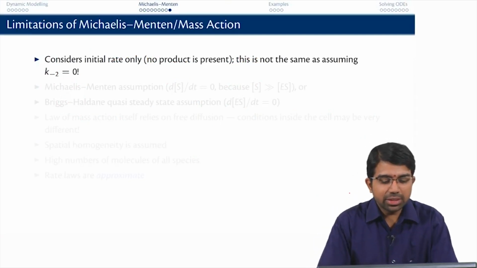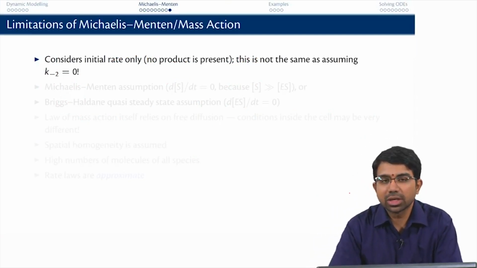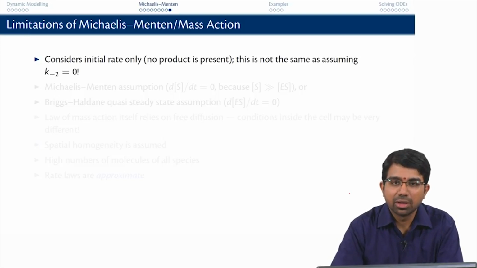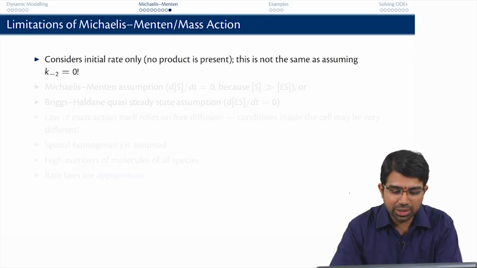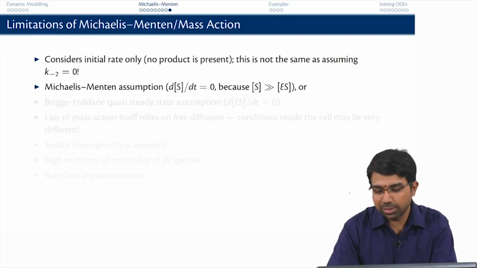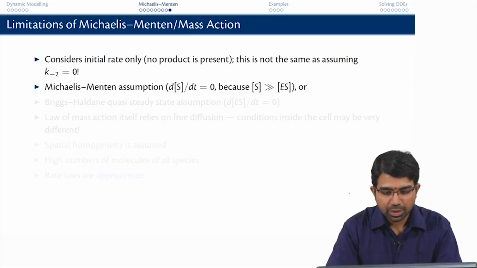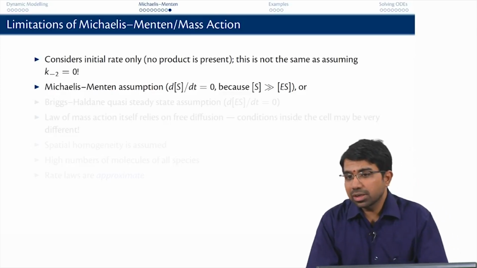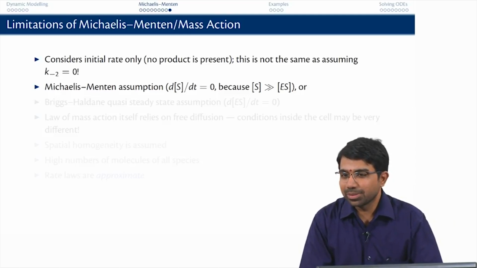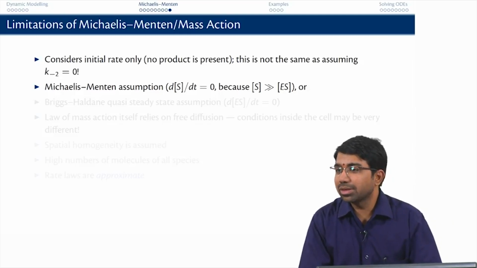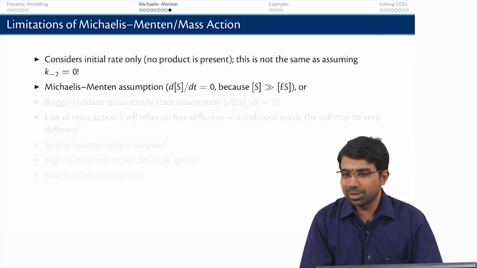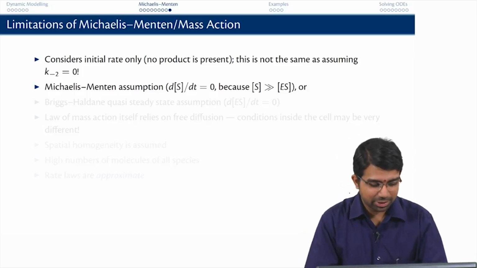So, it considers only initial rate. If you were to look at the limitations of Michaelis-Menten or applying mass action, it considers only initial rate, and there is a Michaelis-Menten assumption, right. So, remember that the initial rate is not the same as assuming k minus 2 is 0. K minus 2 is 0 would be an irreversible ES to E plus P reaction, that is not mandatory.